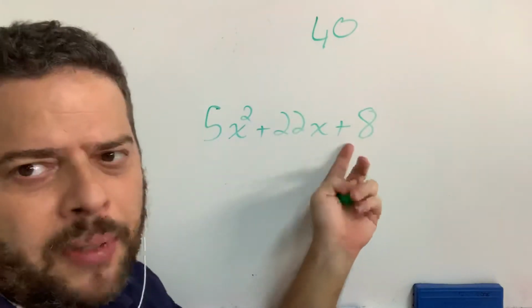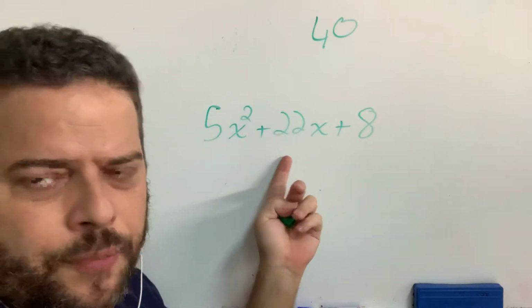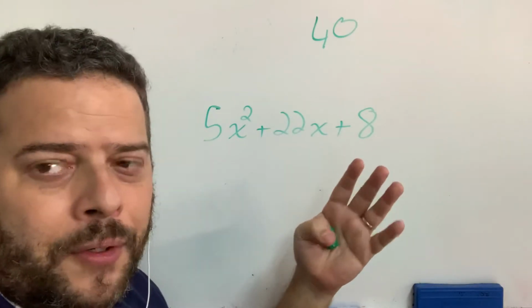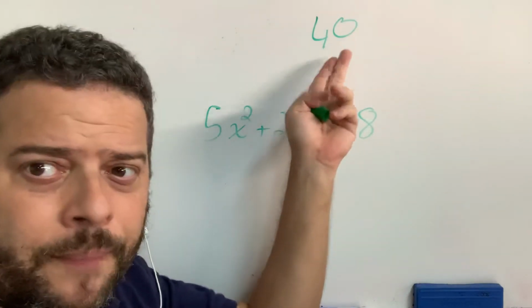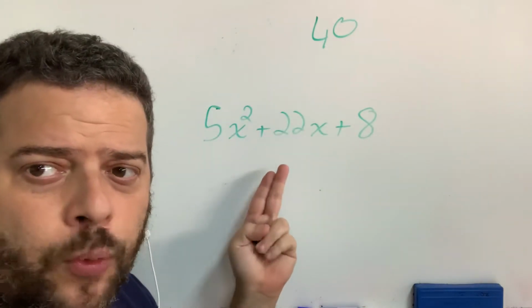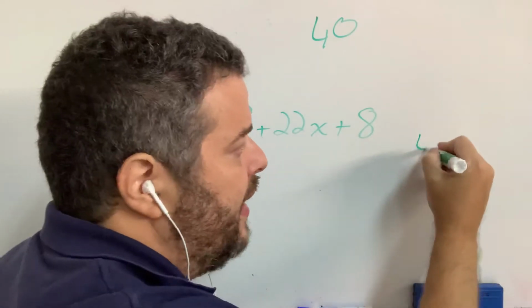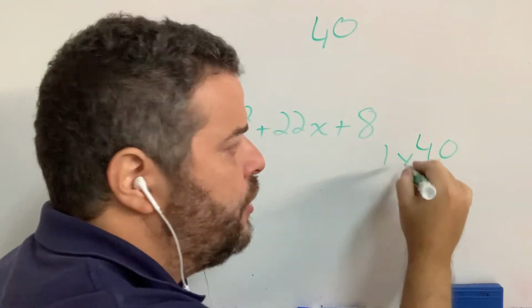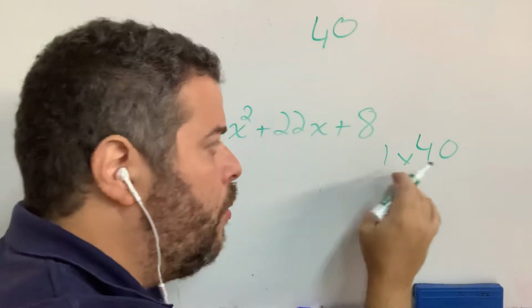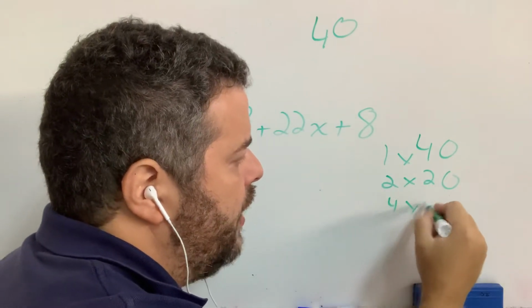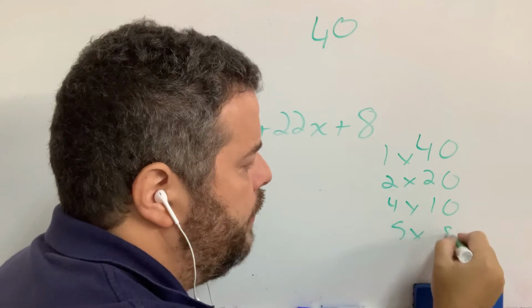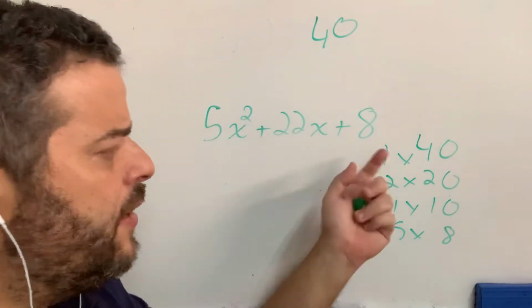Instead of just multiplied gives me 8 and added gives me 22, the numbers you have to find are: multiplied, you get 40, and added, you get 22. So again, just like last time, I'm going to find the factors of 40. 1 times 40, 2 times 20, 4 times 10, 5 times 8, and then it's repeated.